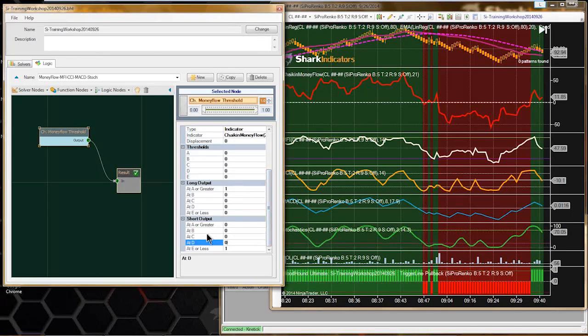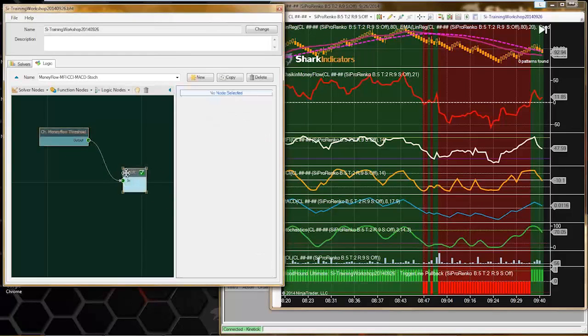Like so. So keep in mind, A is set to 0, right? So at A or greater, we want a long output. E is also set to 0. So for the short outputs, when we're at 0 or less, we want a short output like so. Alright, so that's indicator 1.